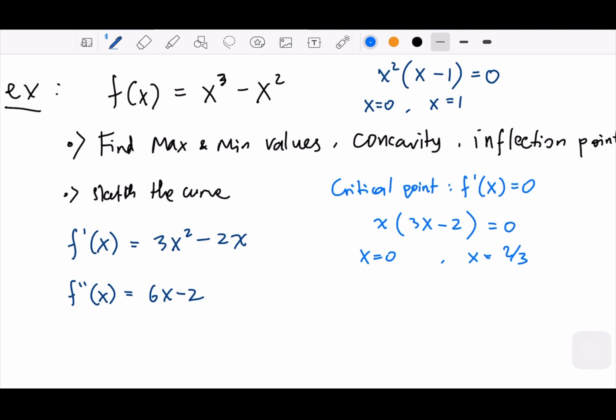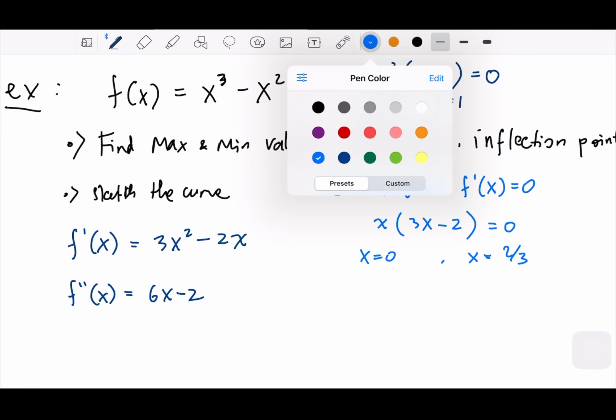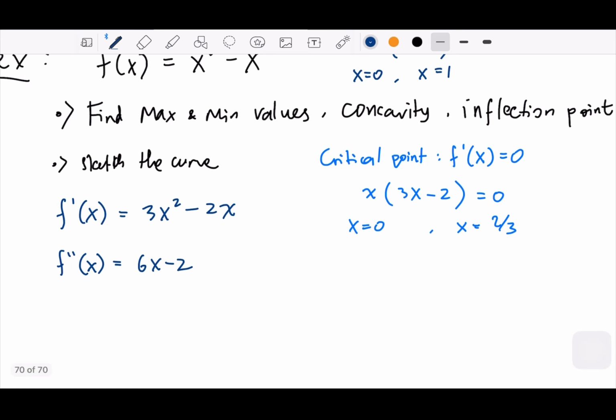Usually to help identify and analyze, we can check x at 0 and x at 2/3. So 0 here and 2/3 here. We check points in each interval and check the signs, whether it's positive or negative.